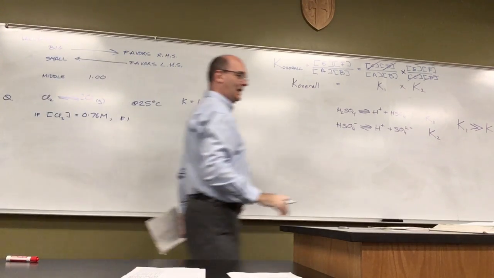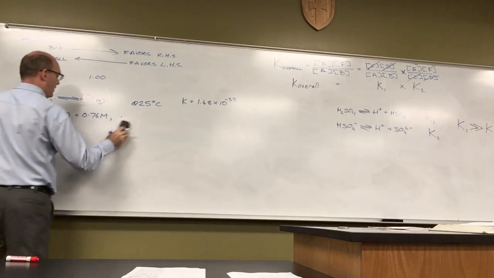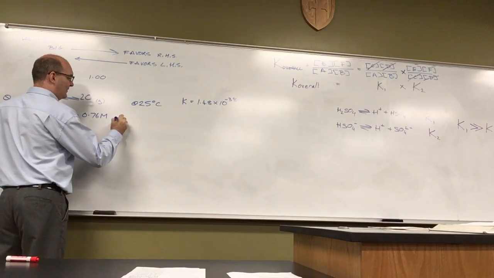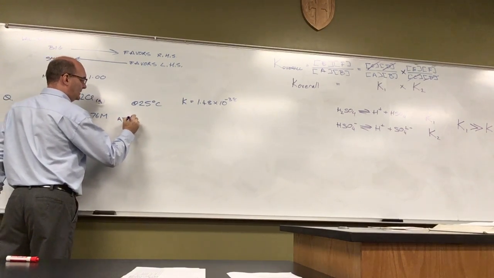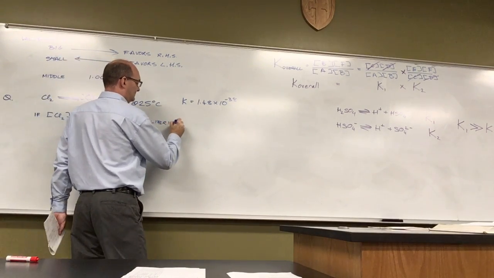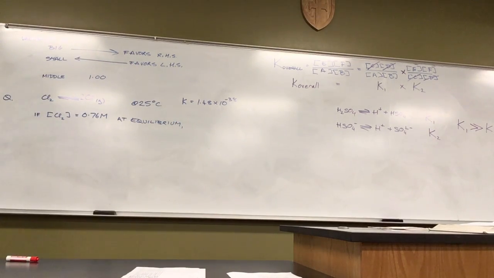Got to add an extra phrase in there. If the chlorine concentration equals 0.76 moles per liter at equilibrium, because some questions are going to give you the equilibrium concentration.